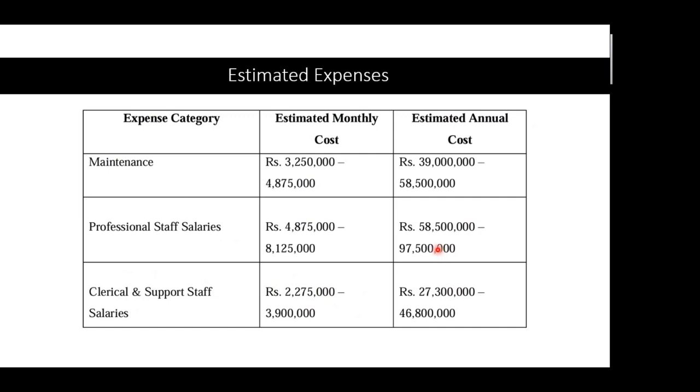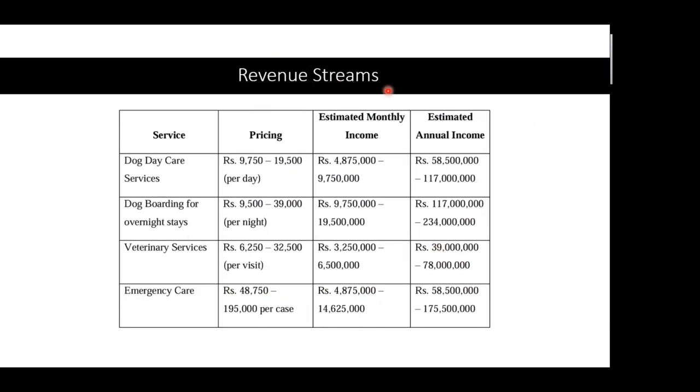And here moving forward, the predicted revenue. Say the same example, the dog daycare services, the prices, estimated monthly income, and estimated annual income.